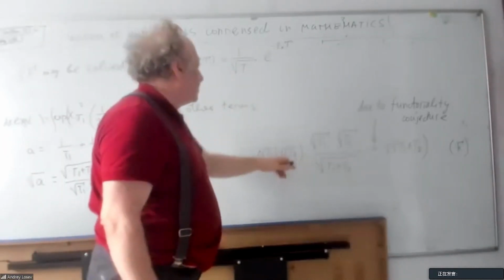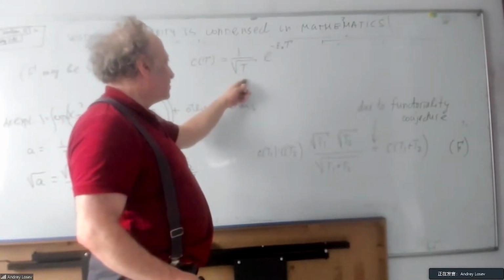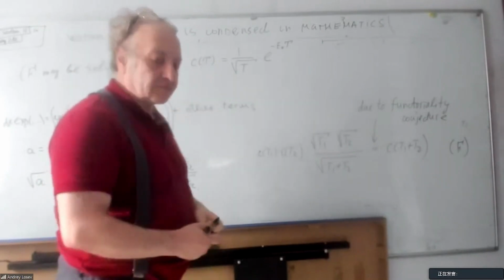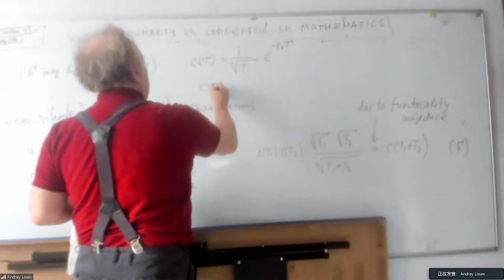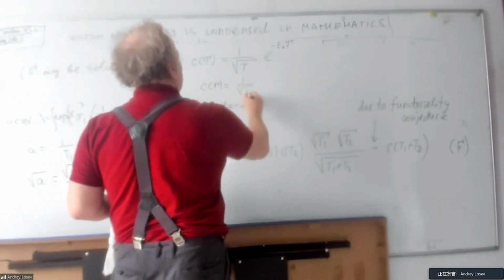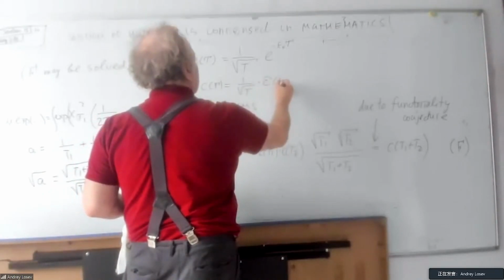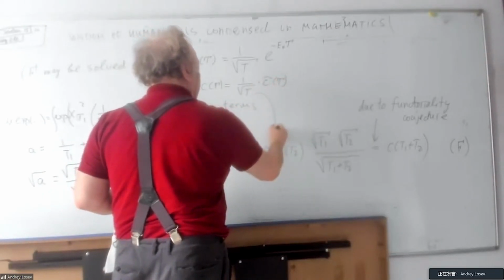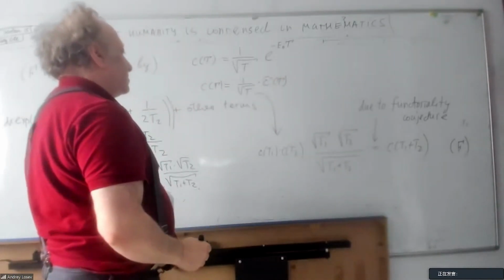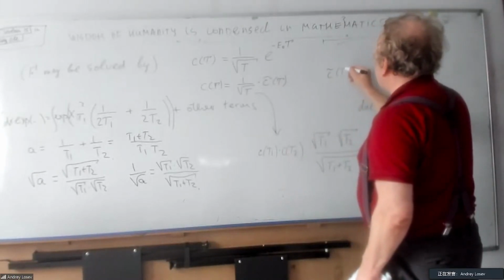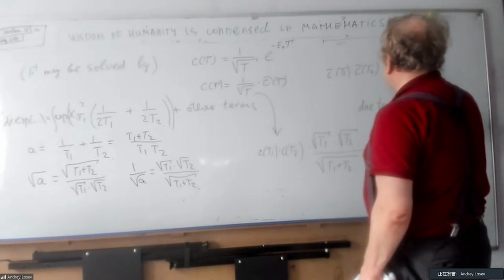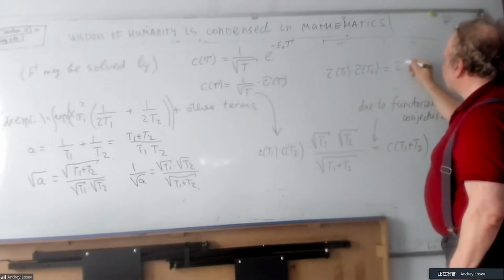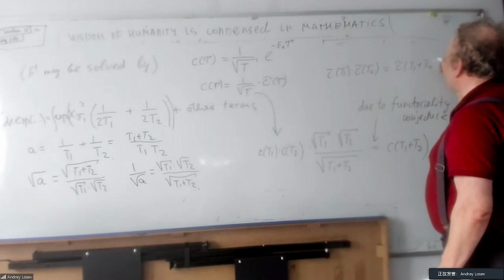So how do I know that it is the answer? I do it like this. I consider C of t, that is 1 over square root of t times C tilde of t. And I plug it here. And I get a condition that C tilde of t1 times C tilde of t2 equals C tilde of t1 plus t2.